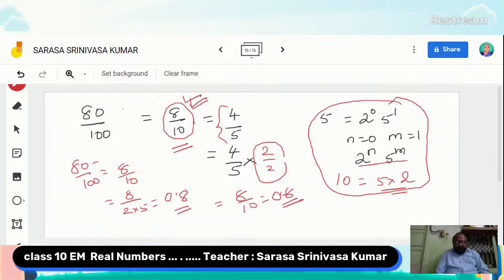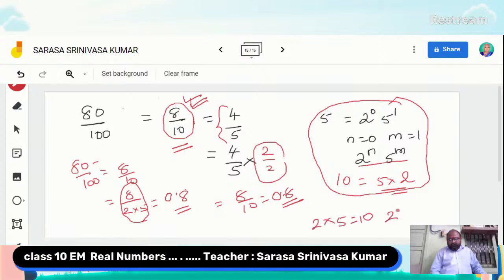So here we have not cancelled the number. Simply we have shown that the denominator is of the form 2 power n 5 power m. In this case 2 multiplied by 5 that equal to 10. So 2 power 1 multiplied by 5 power 1 form.